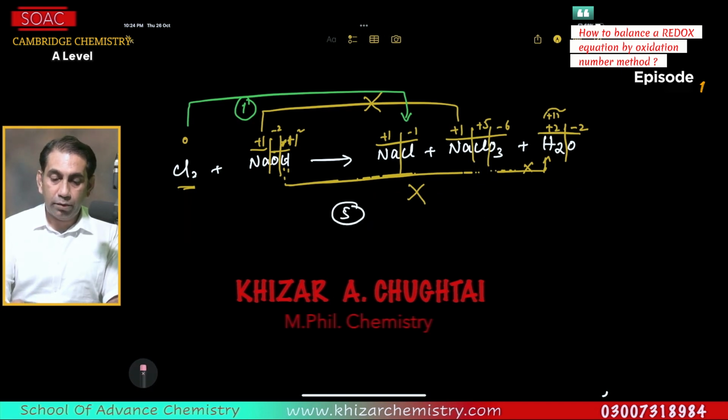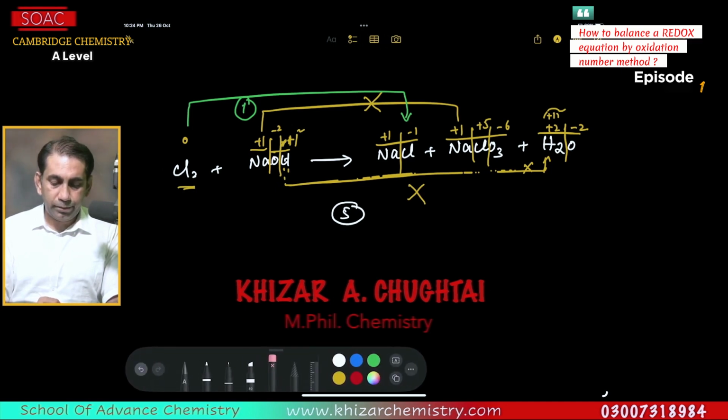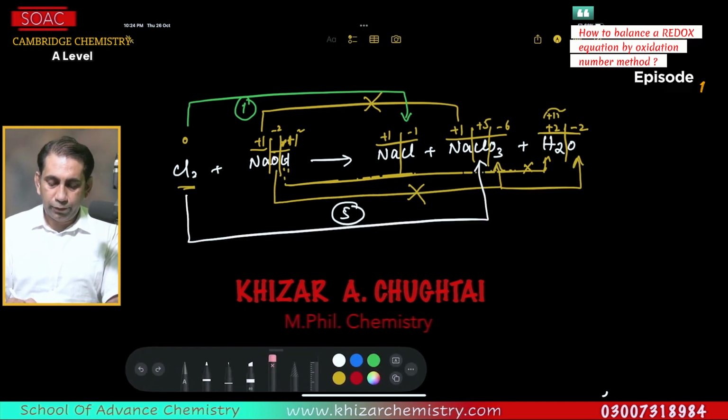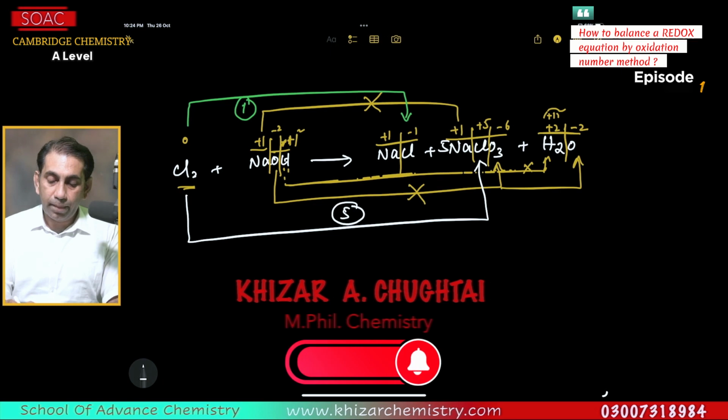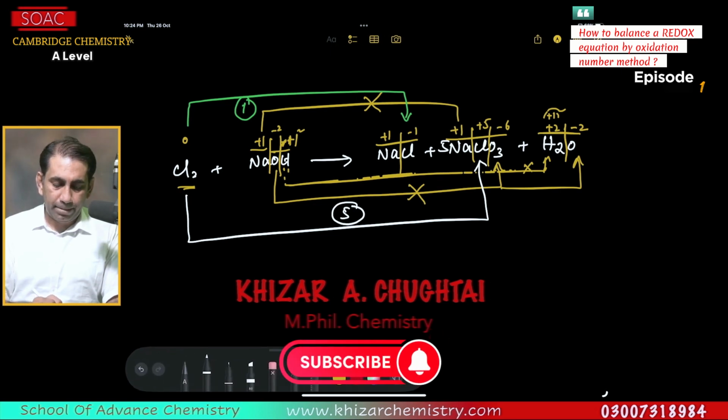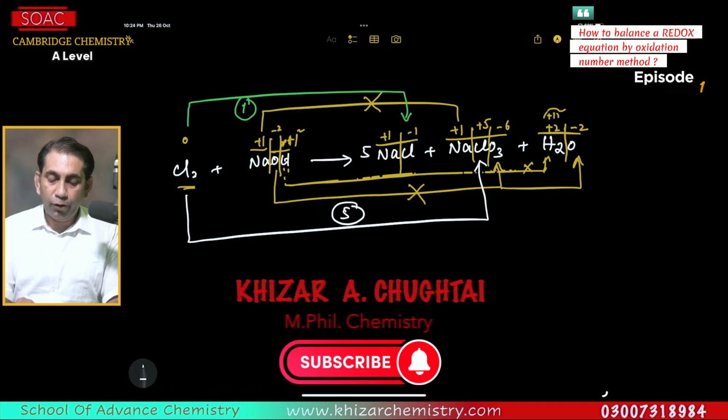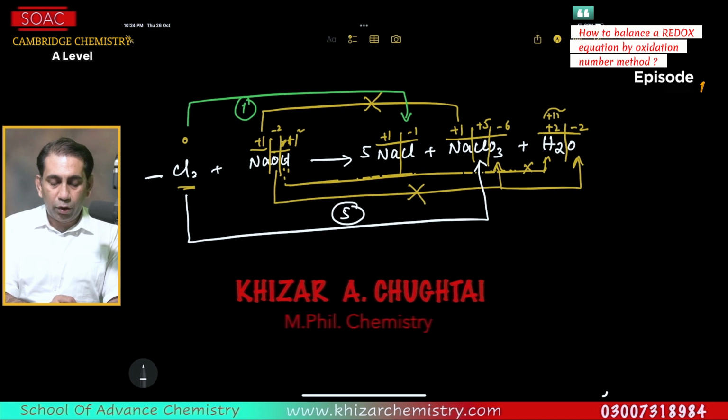First of all, let me write it over here. Let me mark 5. I will write 5 over here with the green arrows, and I'm not writing 5 over here because it is a pure element. Leave it like that.